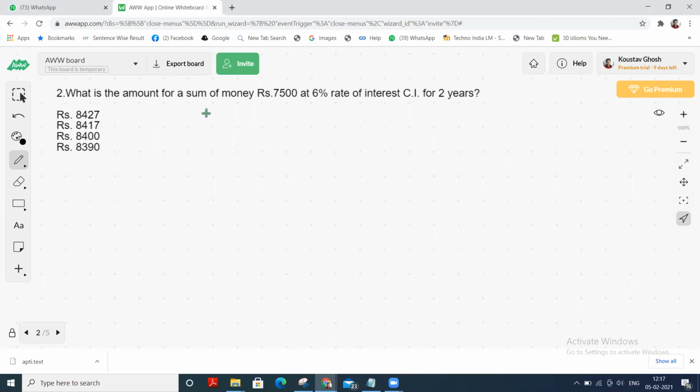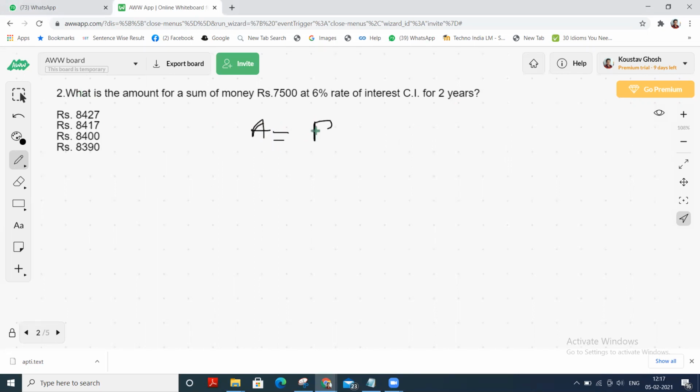What is the amount for a sum of money, rupees 7,500, at 6% rate of interest, compound interest, for 2 years? Okay, so amount A for CI, that is the formula, so you have to remember it.